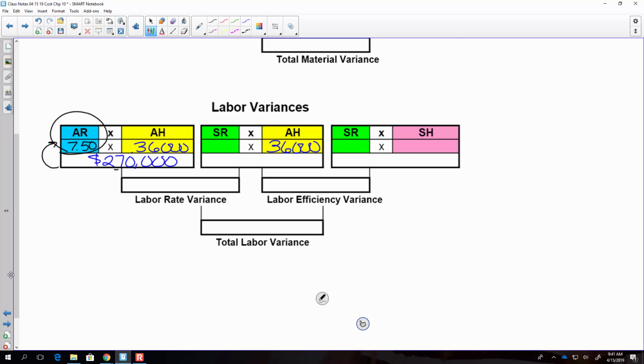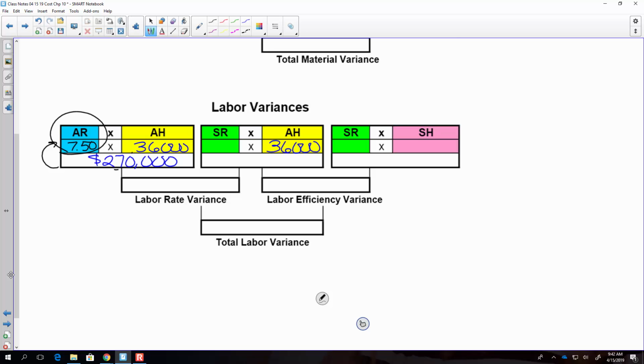What was our standard hourly rate from the standard cost card? The 7.50. Very good, Teresa. Yes. Why didn't we use the 3?